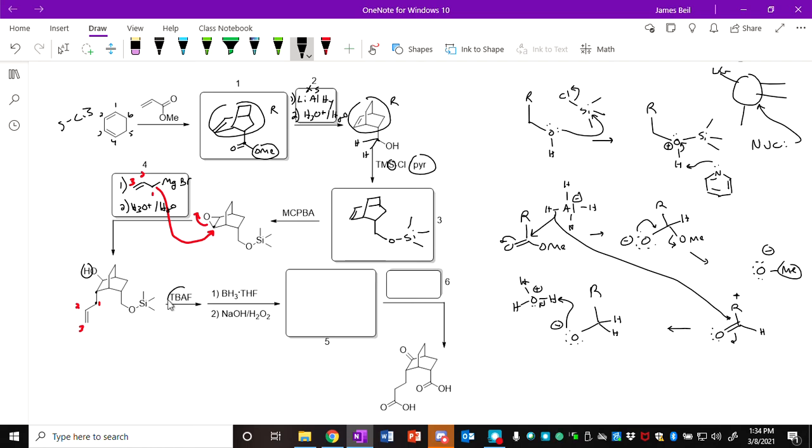Then the next step is TBAF, which is basically supplying a fluoride ion. And fluoride forms an even stronger attraction to silicon than oxygen does. So this will attack that silicon and push this out. The TBAF also has a proton that's usually available so that oxygen can pick up that proton.